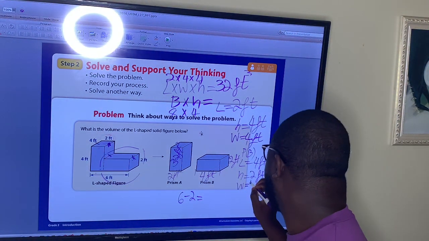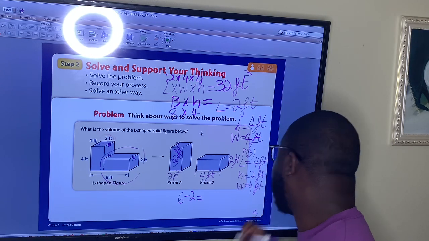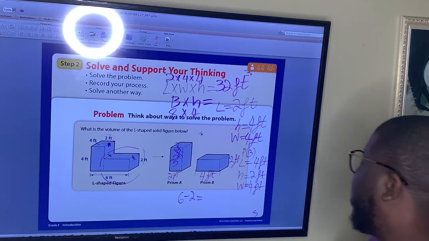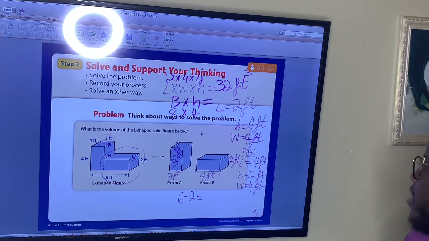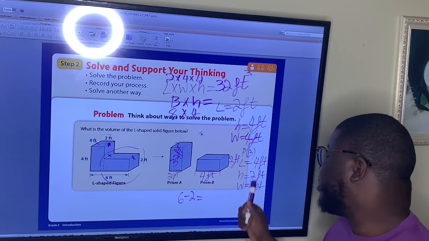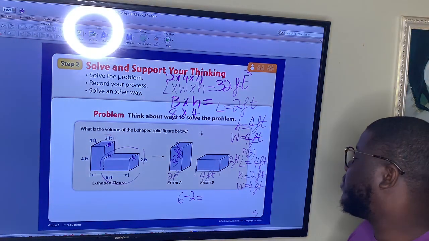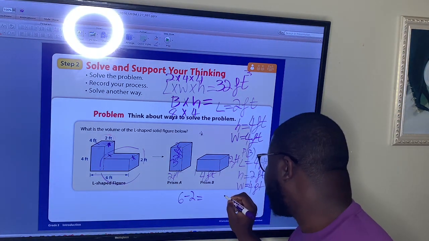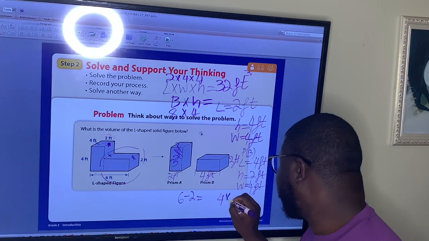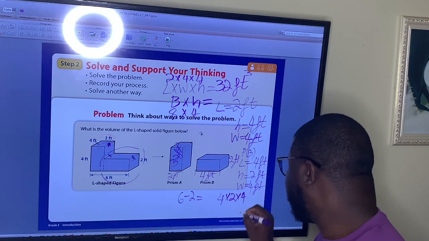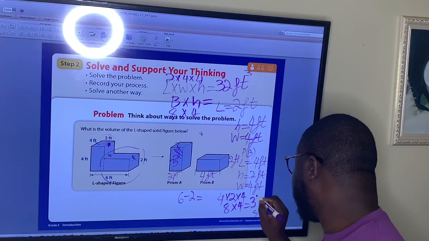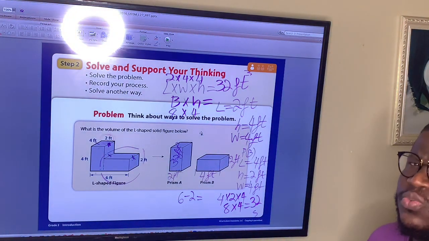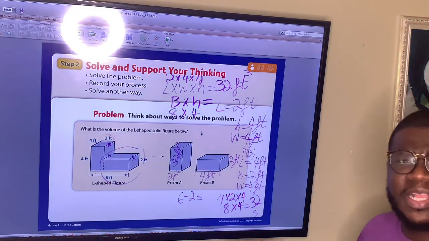All right? 4 feet. Now, let's go ahead and find the volume for this as well. Length times width times height. As you can see, I have 4 times 2, which is 8. 8 times 4 is 32. Let's write that down. 4 times 2 times 4 is equal to 8 times 4, which is equal to 32. 32 what? 32 cheeseburgers? 32 Jolly Ranchers?